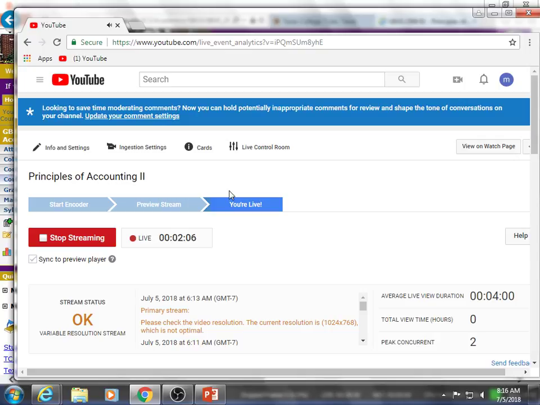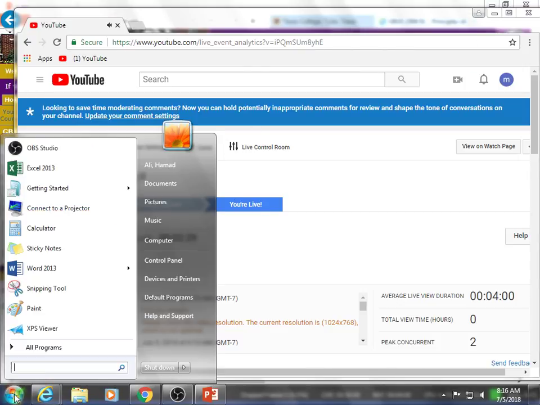That means the bonds are issued at 100%, and the interest is payable twice annually. So the journal entry to record this transaction is, let me go back to Word, maybe you can see that.